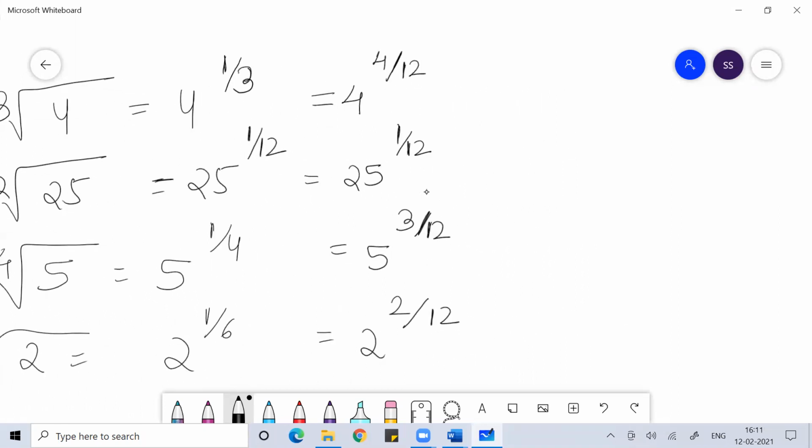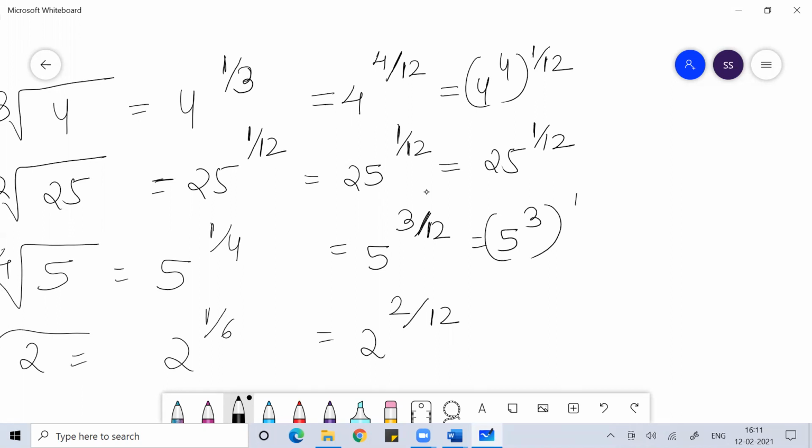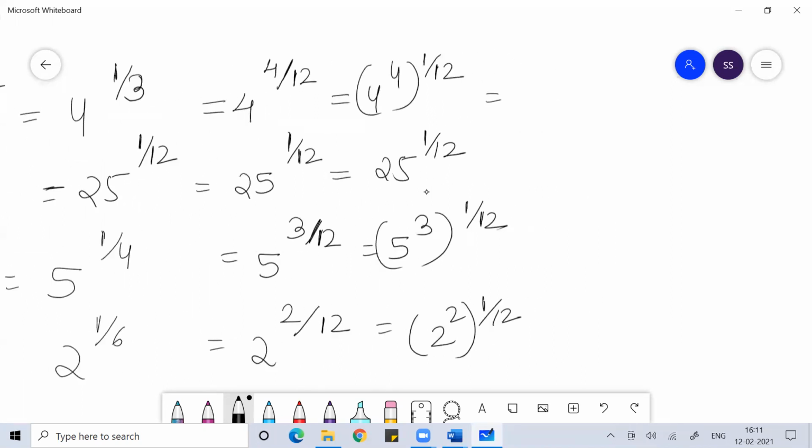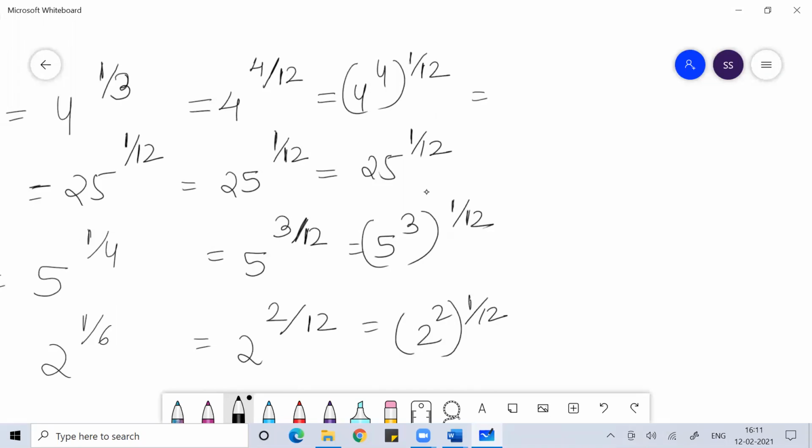So 4 to the power 1 by 3 I can write as 4 to the power 4 by 12, which is 4 to the power 4, whole to the power 1 by 12. This is 25 to the power 1 by 12. This I can write as 5 to the power 3, whole to the power 1 by 12. This I can write as 2 to the power 2, whole to the power 1 by 12. So 4 to the power 4 is 256, right?